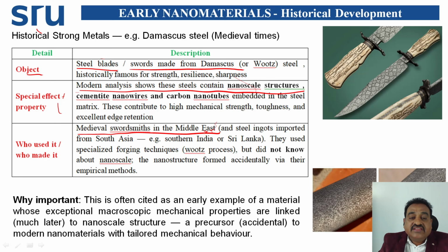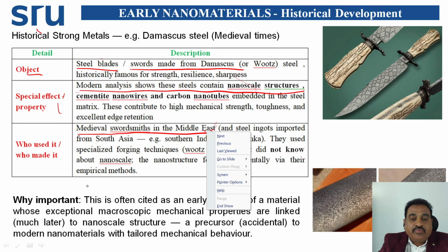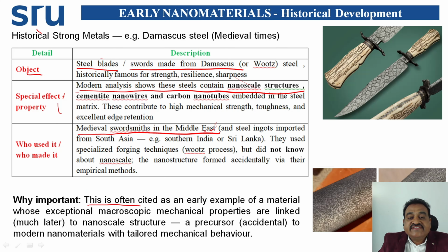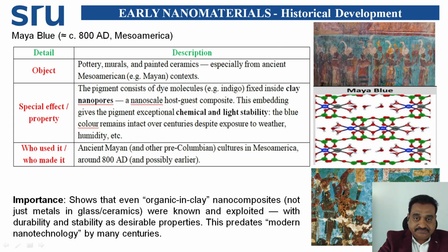What is the importance? This is often cited as an early example of a material whose exceptional mechanical properties are linked to nanoscale structure, a precursor, prepared accidentally, to modern nanomaterials with tailored mechanical behavior.